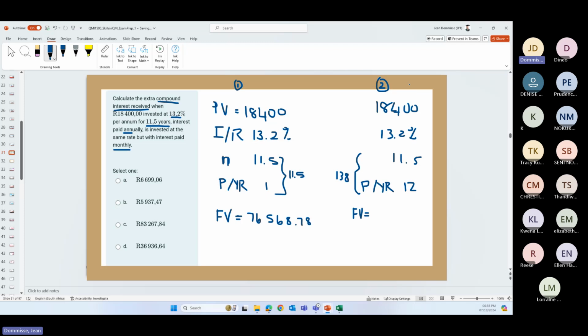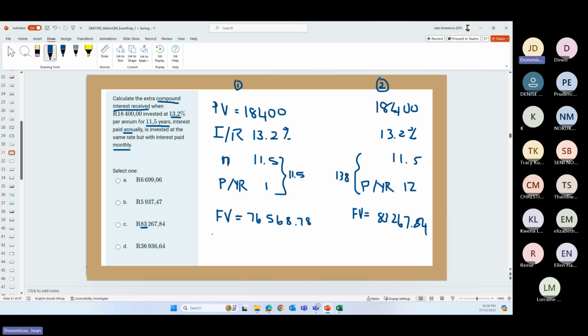And then we follow the same process. 18,400 present value, 13.2 interest at 12 times per year. So that's the only change. So if we then say how many periods, that's 158. That future value that I'm getting is 83,267.84.